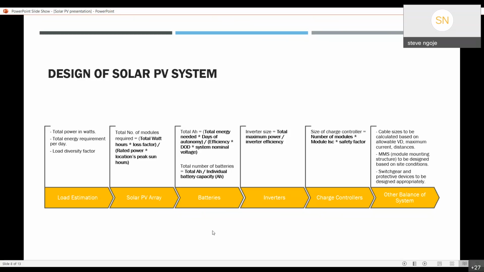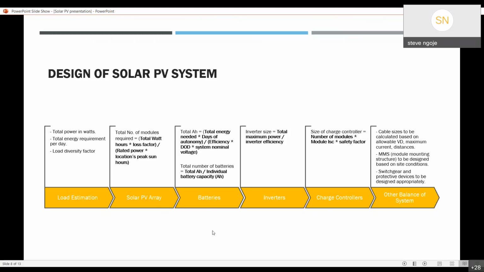So if we had the 1,000, the 1.2 to 1.3 will cater for most of the losses. These are losses due to the inverter efficiency, losses due to cables, all the electrical losses, and environmental losses that could be brought about by different scenarios in the environment.